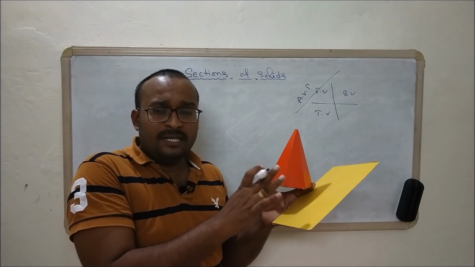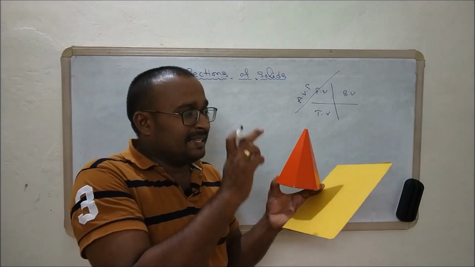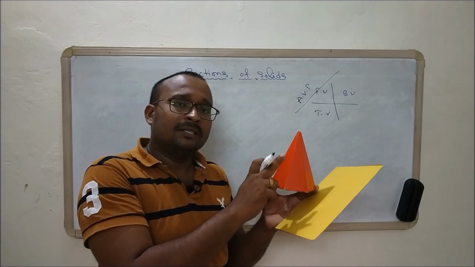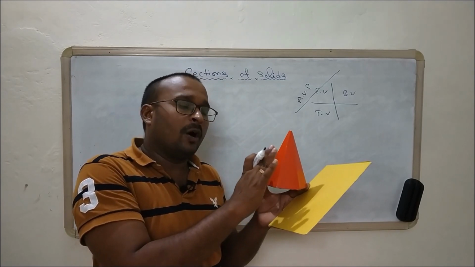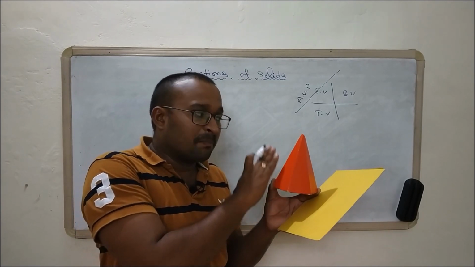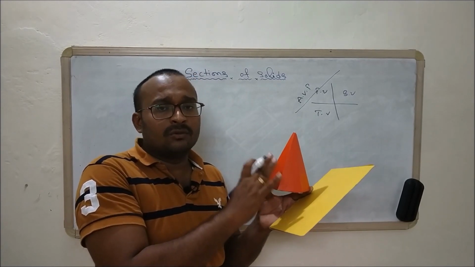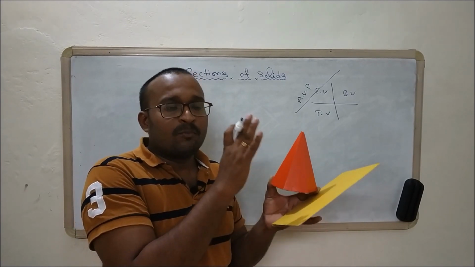For simple solids, we must know whether the solid is empty or filled with some other material, completely wood or some other material. We must know the information about that particular object.